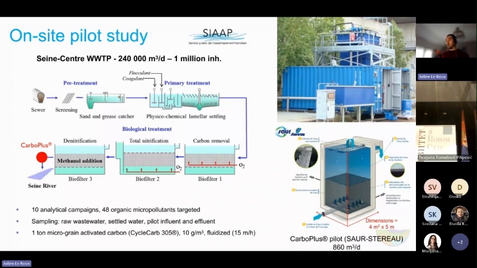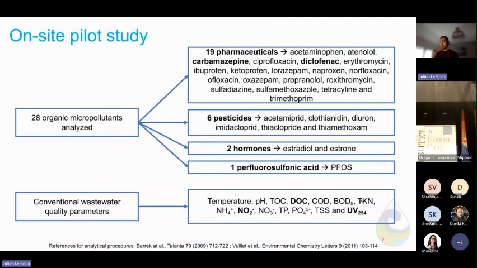We've done a second PhD thesis on this topic to continue working on this treatment. In the end, we detected only 28 micropollutants among the 50 that were targeted first. Mostly pharmaceuticals, but also pesticides and some hormones and PFOS.